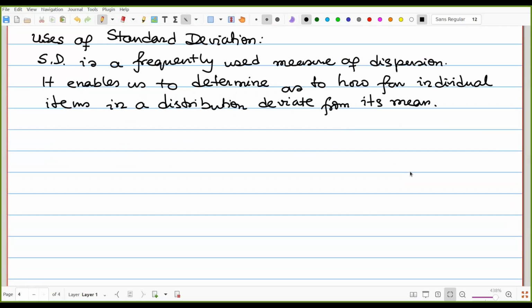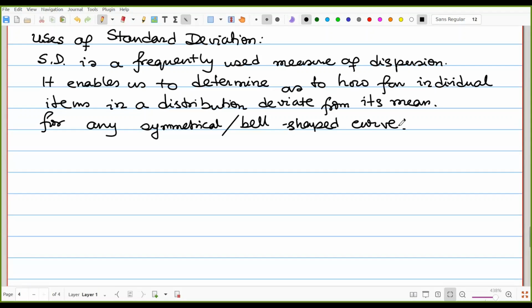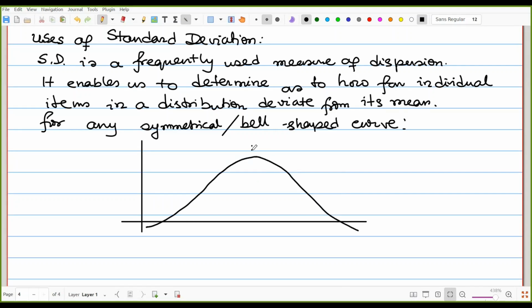Okay, and for any symmetrical or bell-shaped curve, what is that particular symmetrical or bell-shaped curve? That is the frequency distribution. Already we know that is looking like the bell-shaped or symmetrical, where in the middle the mean, median or mode resides.